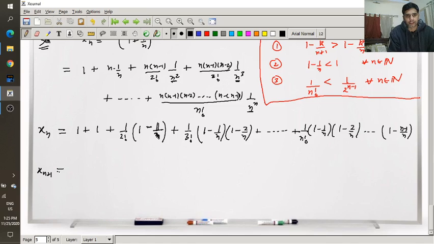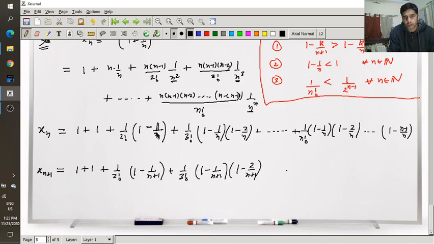I will write xn plus 1, and I will just replace n by n plus 1. So here it is 1 plus 1 plus 1 by 2 factorial, 1 minus 1 upon n plus 1, plus 1 upon 3 factorial, 1 minus 1 upon n plus 1 into 1 minus 2 upon n plus 1, and so on.